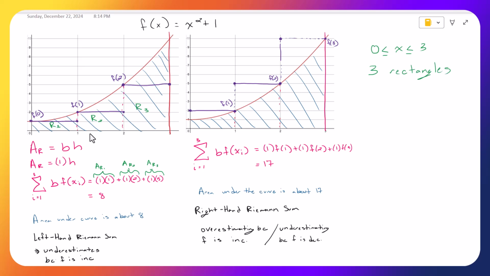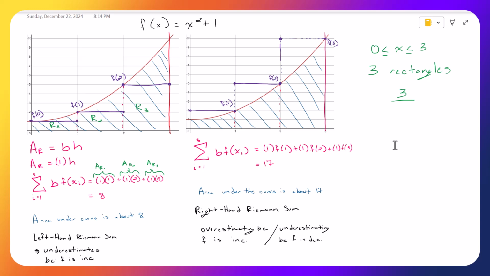Well, I'm just going to take the whole x distance we're covering. So we're going from 0 to 3. This is a distance of 3. And I'm going to divide that by our number of rectangles, which was 3.